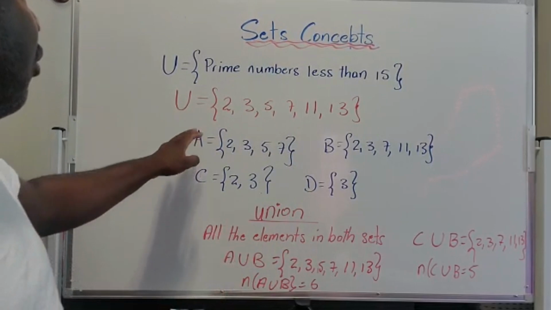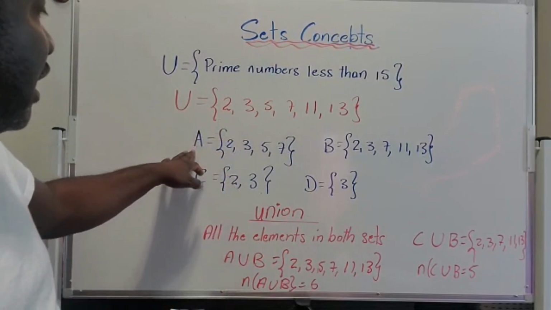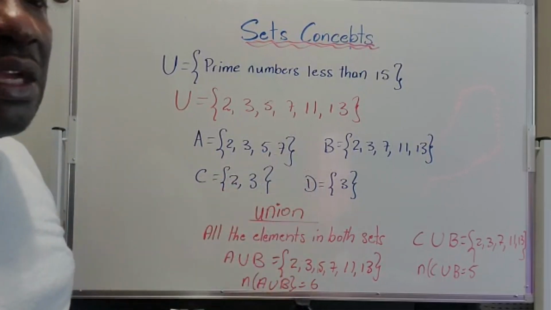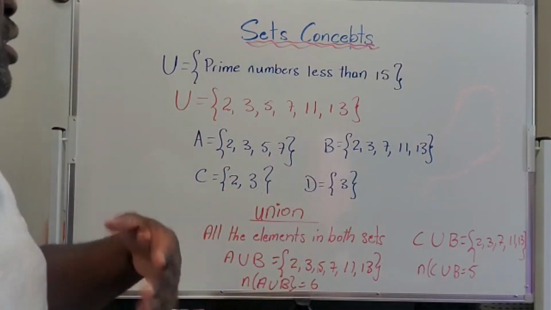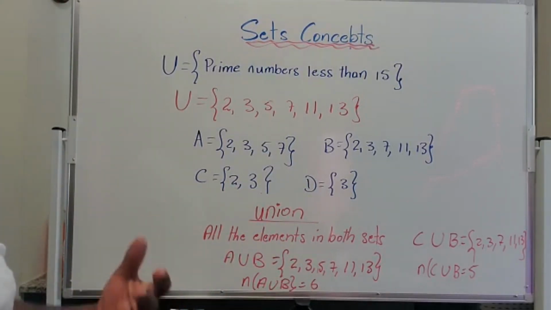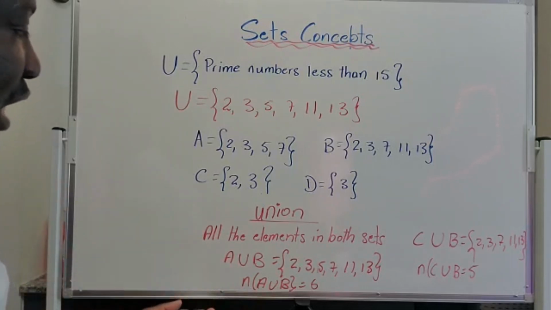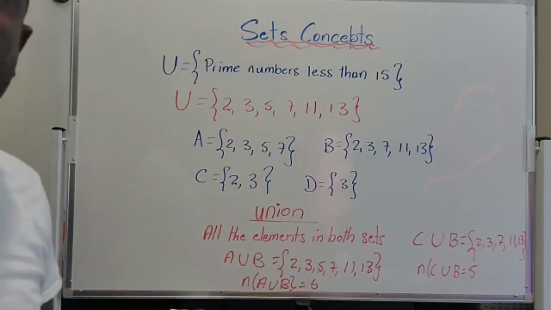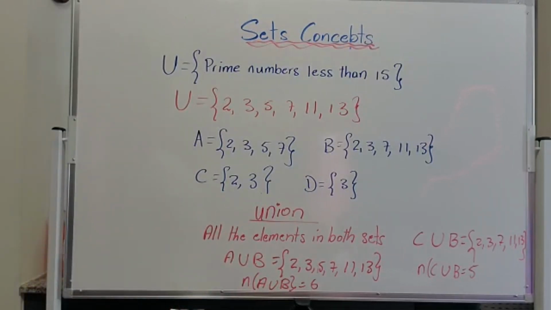Then I've actually created some subsets from the universal set. I've set A, B, C, and D. Then I've looked at what is meant by element, simply the members of a set. We look at the symbol that means a member of, not a member of. I've also gone ahead and we looked at the number of elements in each set, where in that case you would count the elements.